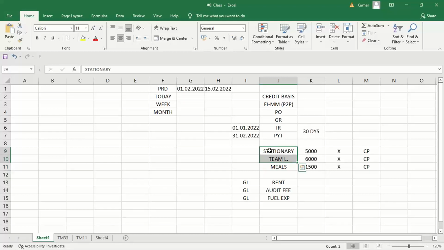In a certain GL, there might be hardly 10 transaction postings in a year, with a total worth of maybe 10,000, 15,000, 20,000. This is a very small transaction, guys. For such small transactions, it is impossible to open GL accounts.